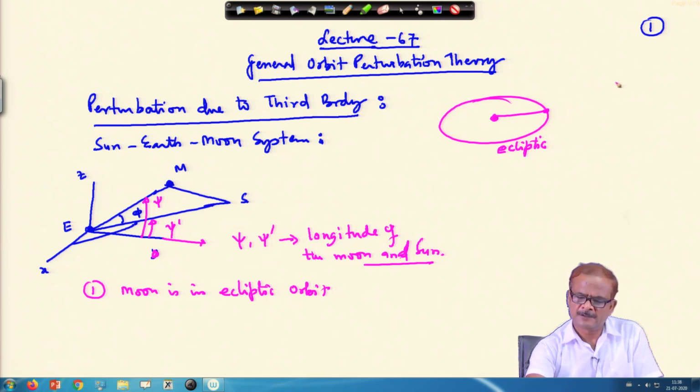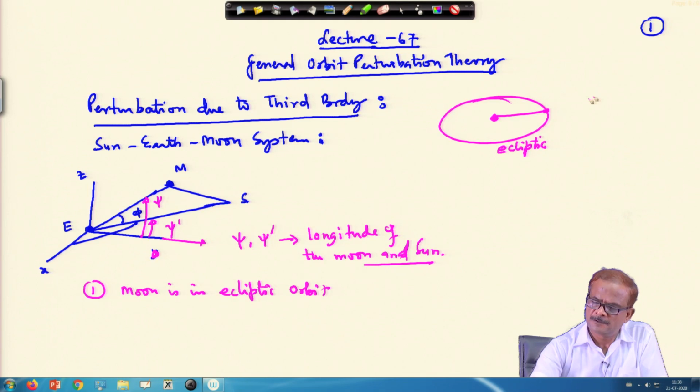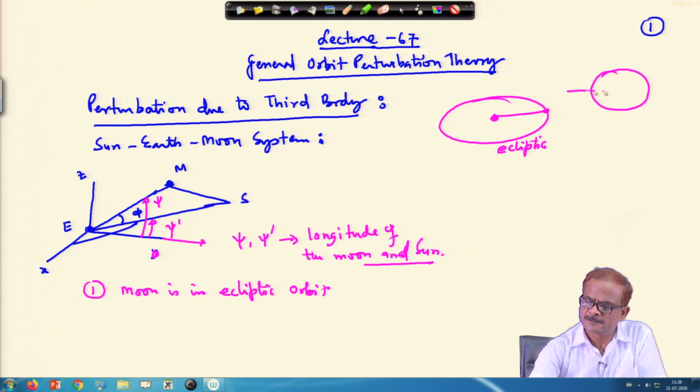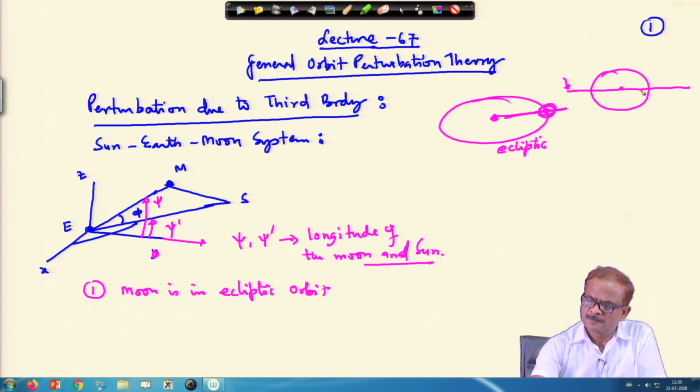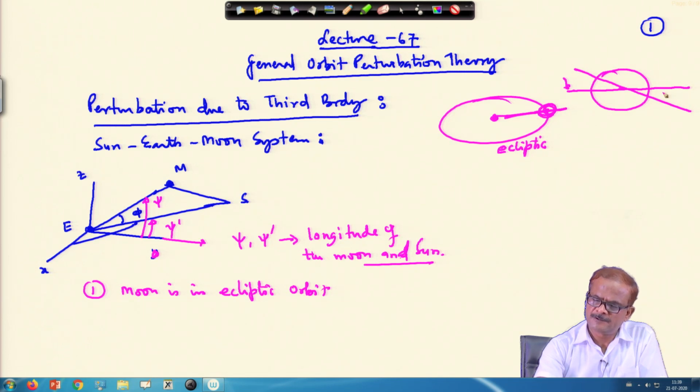And earlier I have shown that if this is the earth, and this is the ecliptic plane, the equator of the earth will be inclined like this at 23.5 degrees, and the moon's orbit is around 5 degrees inclined with the plane of ecliptic.